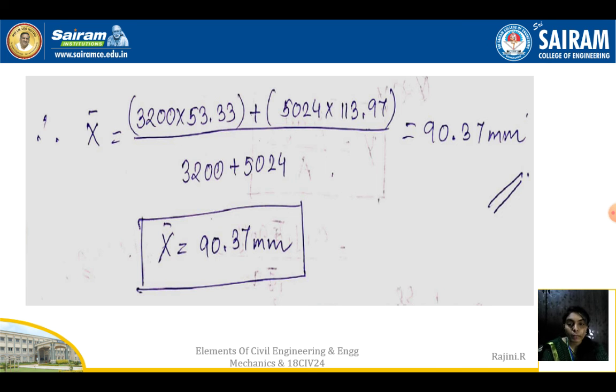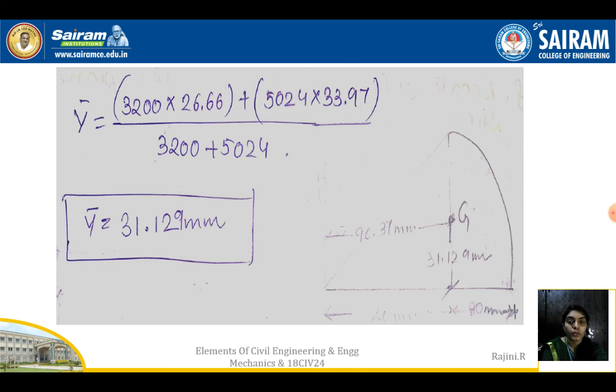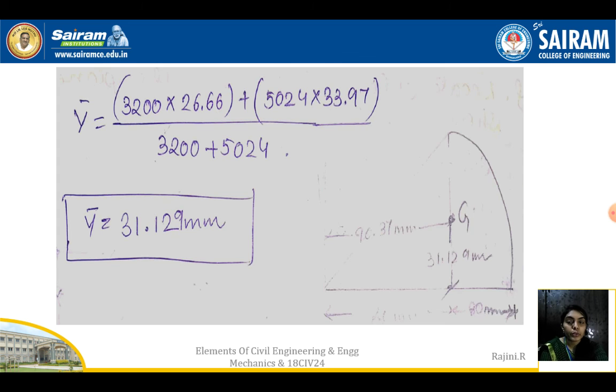We'll go to the y bar now. What is y bar? The y bar formula is summation of ay divided by a. As usual, the formula will be a1 into y1 plus a2 into y2 divided by a1 plus a2. The areas, as shown in the last one, area 1 and area 2, will not change. Only y1 and y2 you need to find.